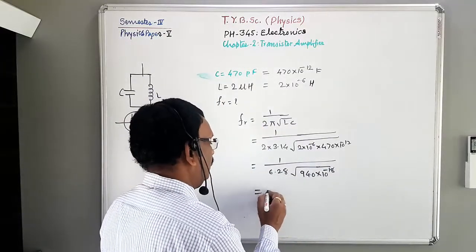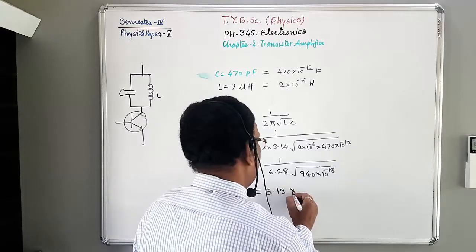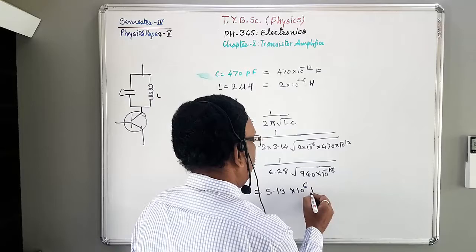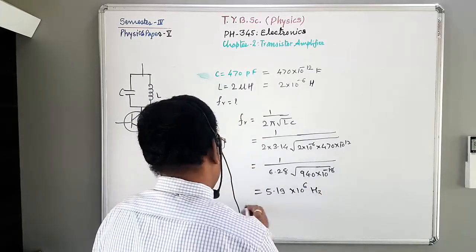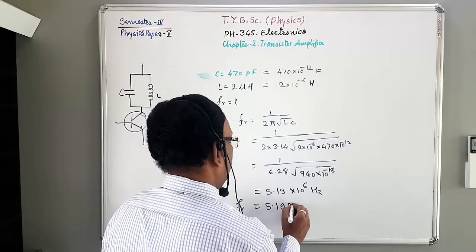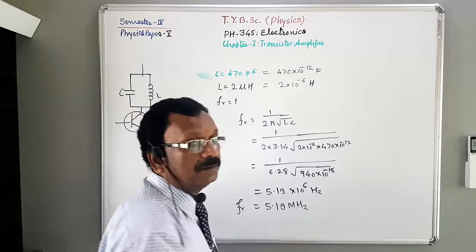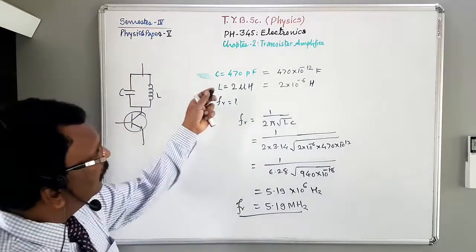You will get 5.19 into 10 raised to 6 hertz, or 5.19 megahertz. This is the resonating frequency.